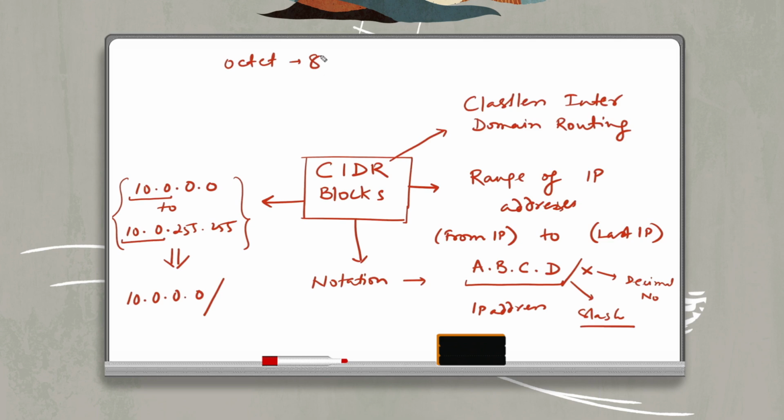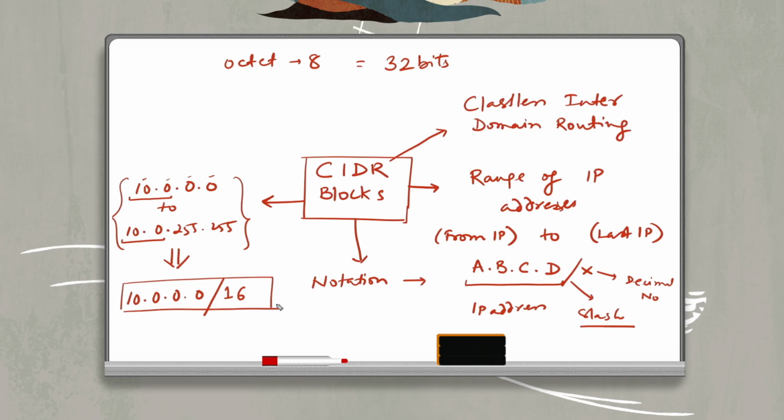Octet basically means 8 bits. So whenever you see this number, this is an octet. This is also an octet. So we have 4 octets in total. Therefore, we say that in IPv4 there are 32 bits in total because each number is an octet. Here you see that the first 2 octets are not changing. So what this means is that we can put 16 over here. So another way of writing 10.0.0.0 to 10.0.255.255 is by straight away writing this CIDR notation.